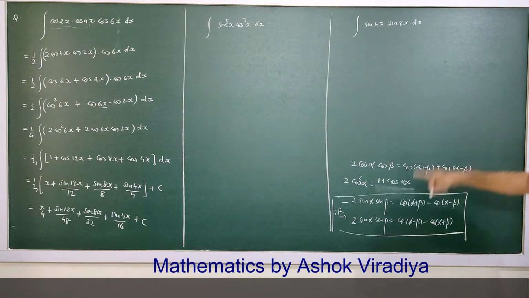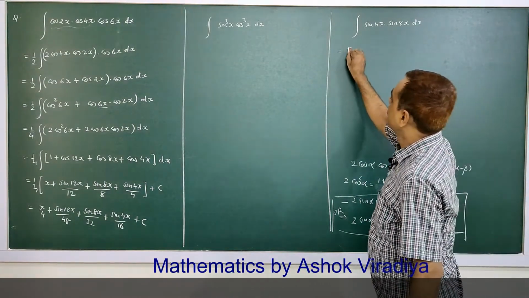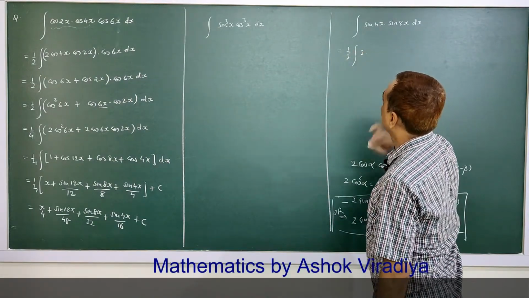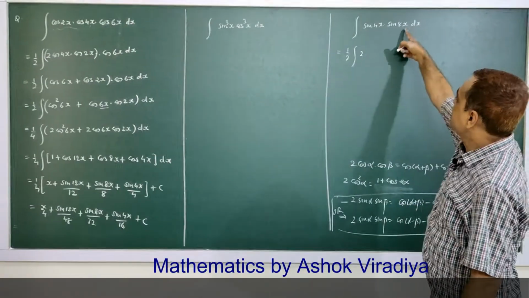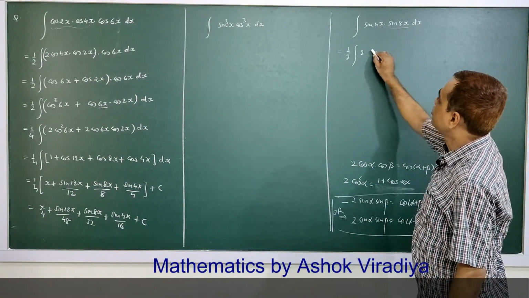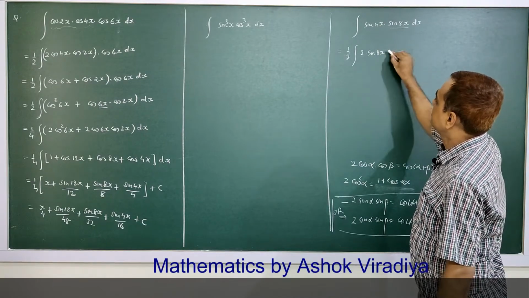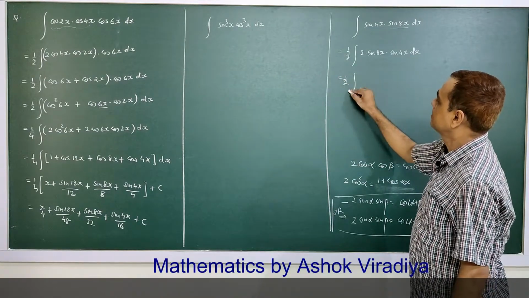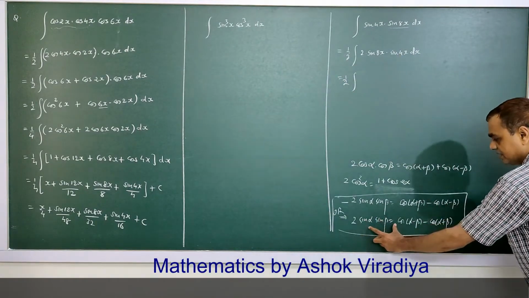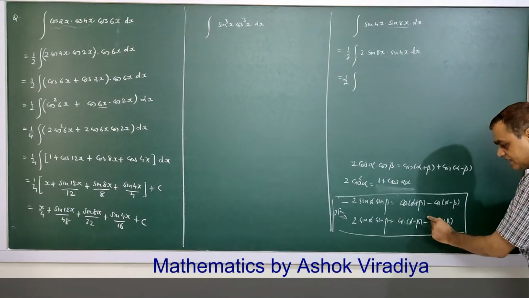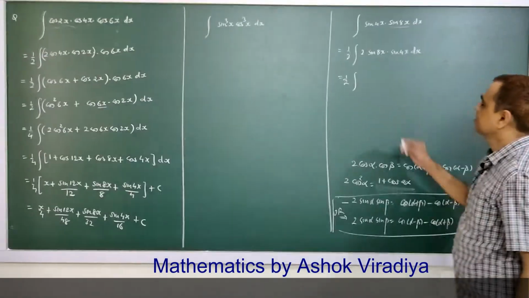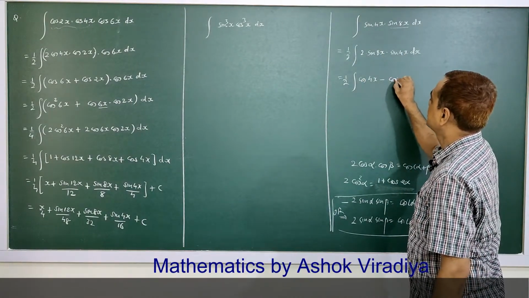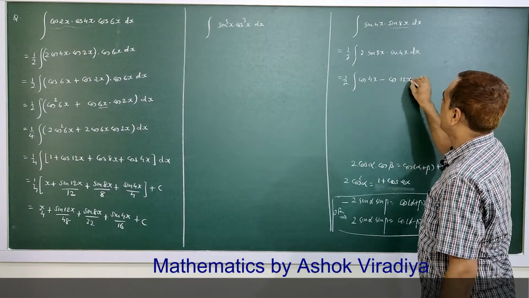So applying this form, we multiply by 2, divide by 2, and change order. 8x is greater, so this term with greater value I am putting on the left side, this number I am putting on the right side. Now 2 sin alpha sin beta is cos (alpha minus beta) minus cos (alpha plus beta). So cos of (alpha minus beta) is cos 4x minus cos of (alpha plus beta) is cos 12x.